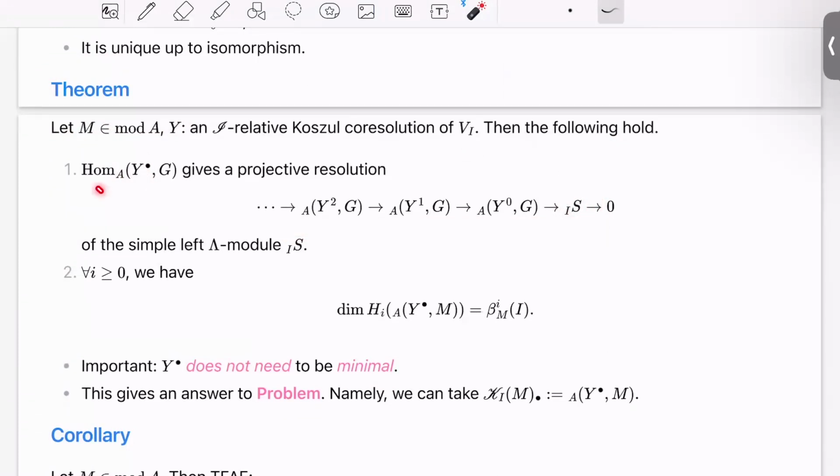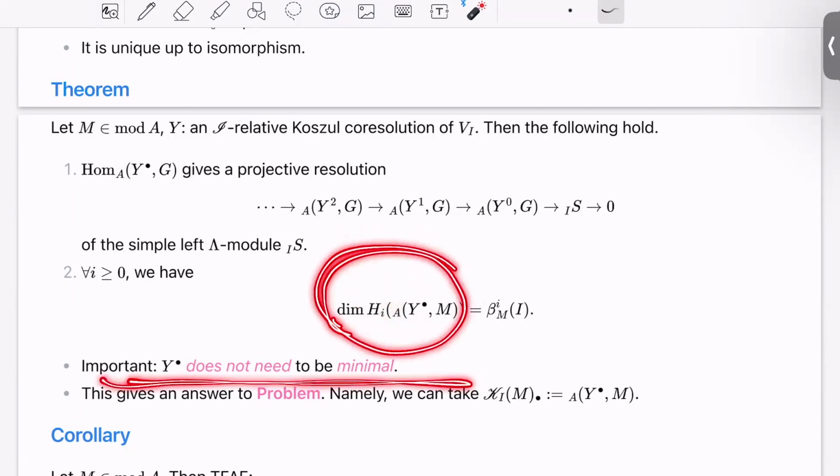Because of this, two holds, namely for each non-negative integer i, the relative Betti number is computed as the dimension of the ith homology of this Hom space. This is just an abbreviation of Hom.